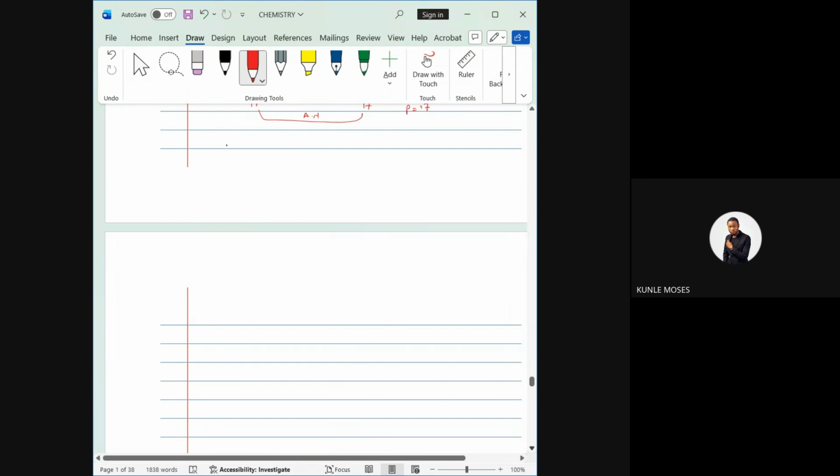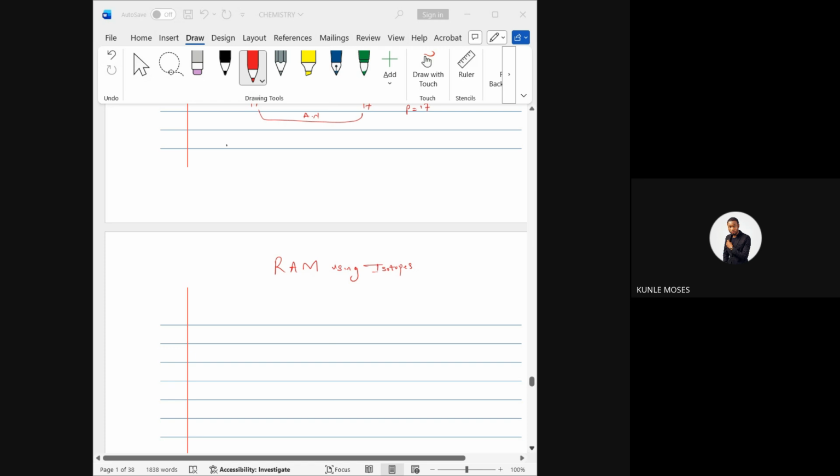Let's move to another topic, which is relative atomic mass using isotopes. Please write it in full. They will ask you to find relative atomic mass using isotopes. So how do we get that?